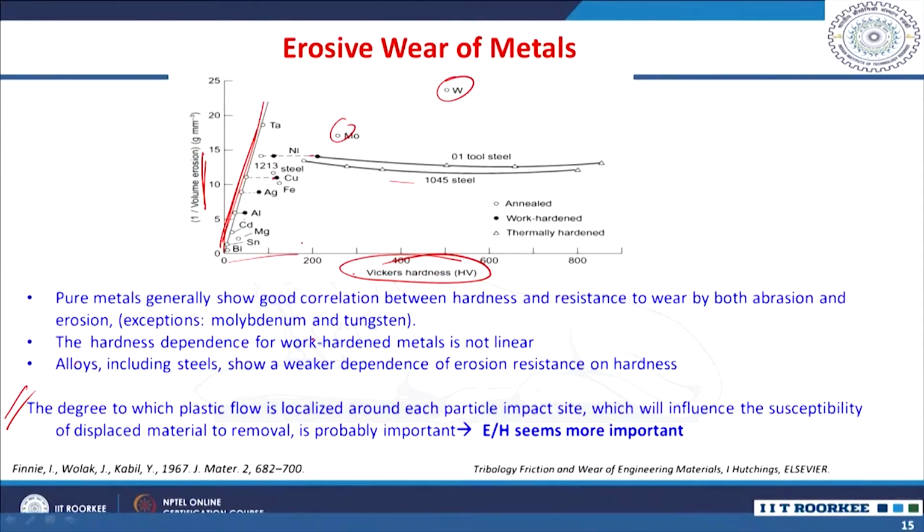If you remember our discussion on abrasive wear, again the degree to which the plastic flow is localized around each particle impact site influences the susceptibility of the displaced material to removal. So, this degree of plastic flow, or in other words the ratio of elastic modulus to hardness, is more important than simply hardness.